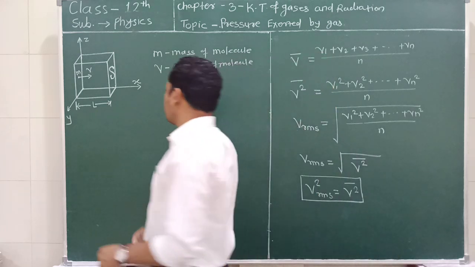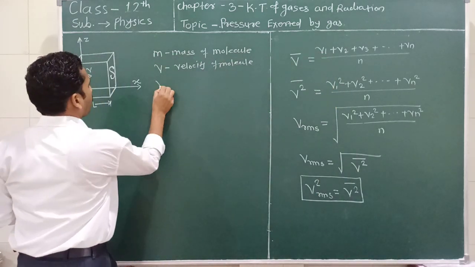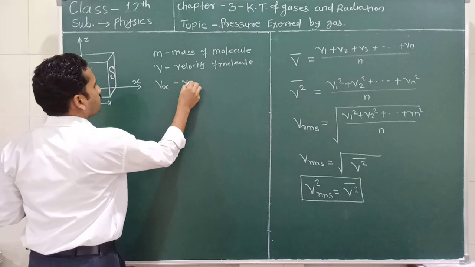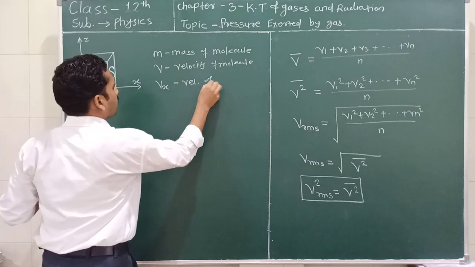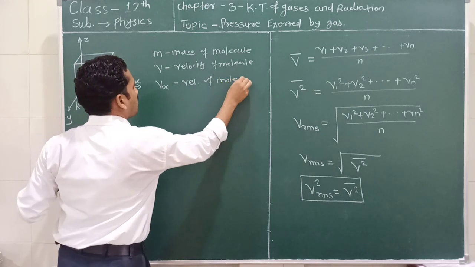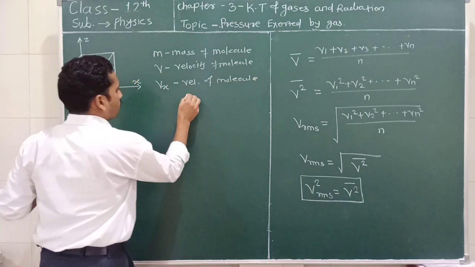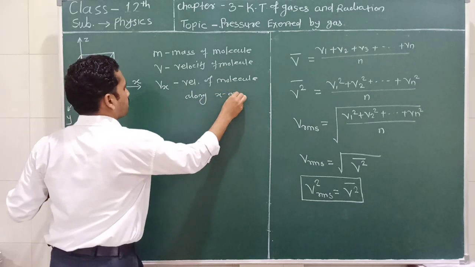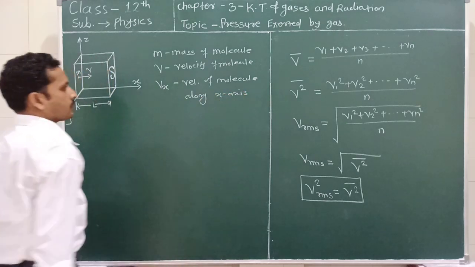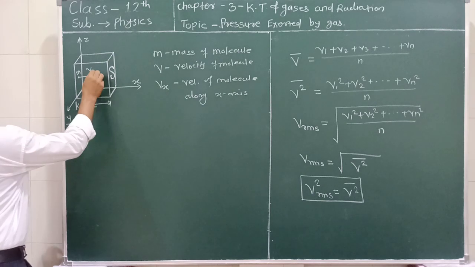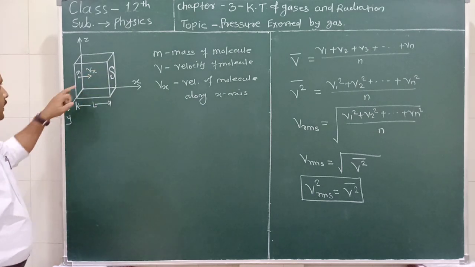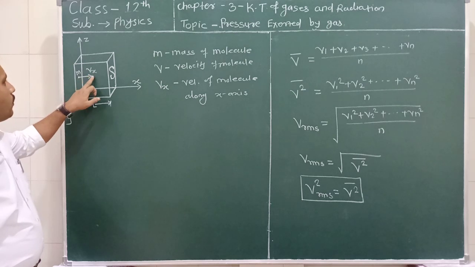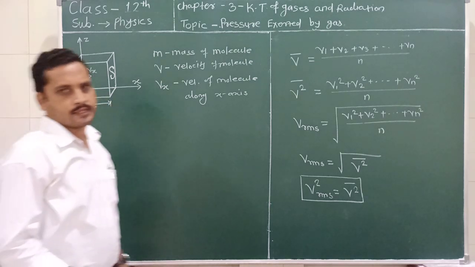So here we take the velocity of the molecule along the x-axis as vx. So consider this molecule of mass m moving with a velocity vx along the x-axis.